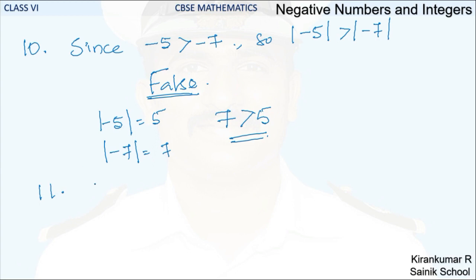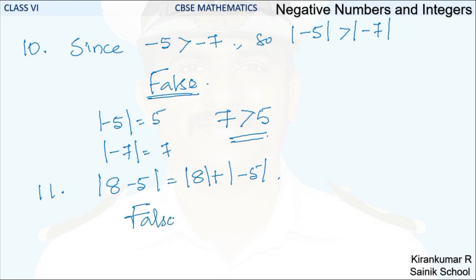Last statement, absolute value of 8 minus 5 is the same as absolute value of 8 added to absolute value of minus 5. Is this statement a true statement? It's a false statement. The reason is, look at the left hand side.